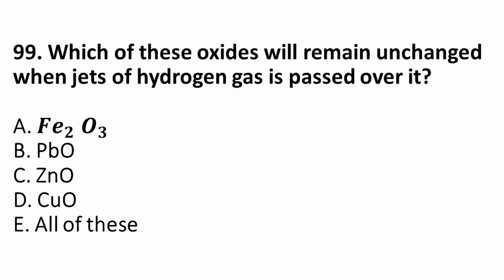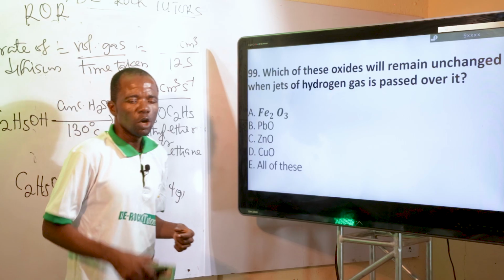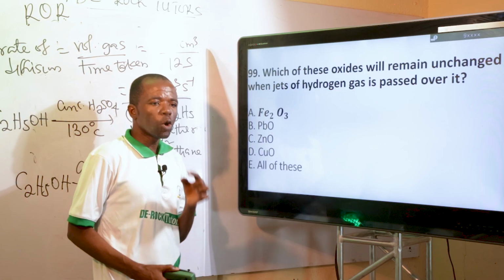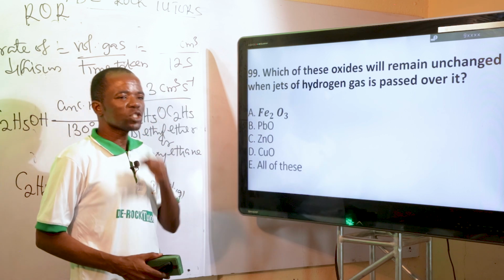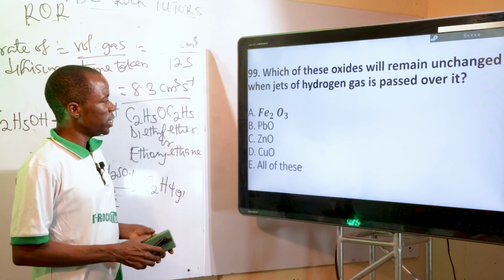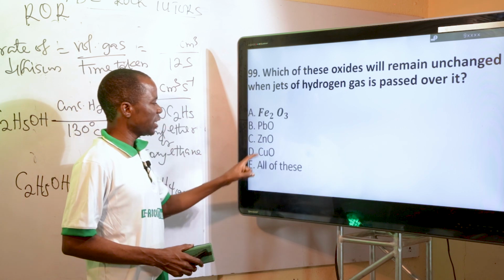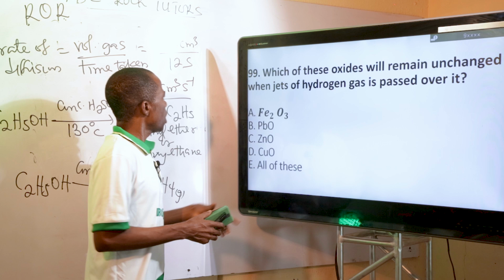Which of these oxides will remain unchanged when jets of hydrogen gas is passed over it? We know that hydrogen is a good reducing agent, but hydrogen is not strong enough as a reducing agent to reduce an oxide of an electropositive metal like zinc oxide.